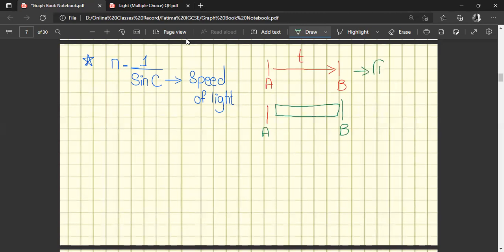In the first situation, light is going straight in an air medium, and in the second, light is passing from point A to B, but there is a dense medium between A and B. So in which situation will light reach point B faster? Situation 1 or 2?